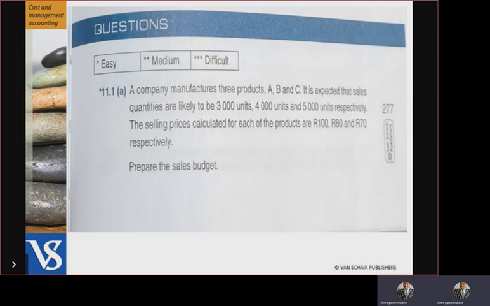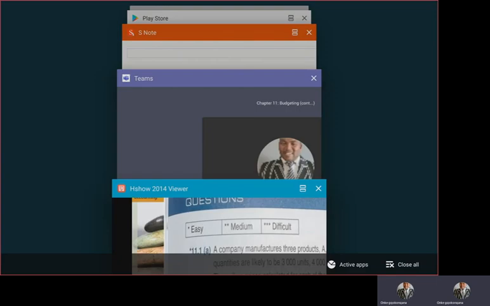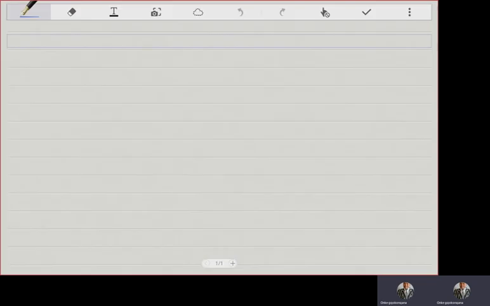Remember again, we said that this is a foundation budget. You have to make sure that everything you are doing on this budget is as accurate as you can, because you are laying a foundation for other budgets. As you've seen, this is one of the easy exercises, so it is going to be very easy for us to do.